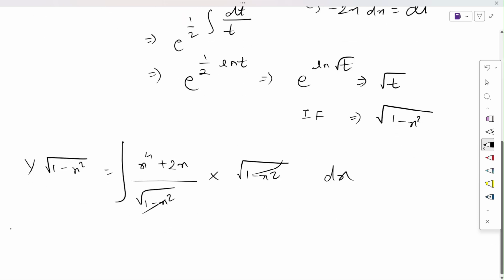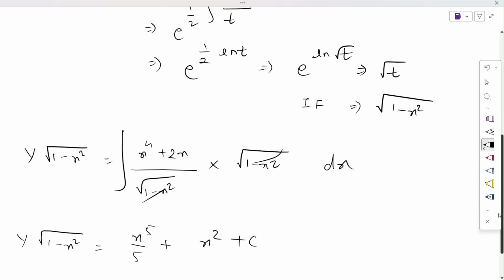This will get cancelled and we'll get y times root 1 minus x square equal to integration of x raised to 4 plus 2x, which will be x raised to 5 upon 5 plus 2x square upon 2. So it will be x square ultimately, and one constant.